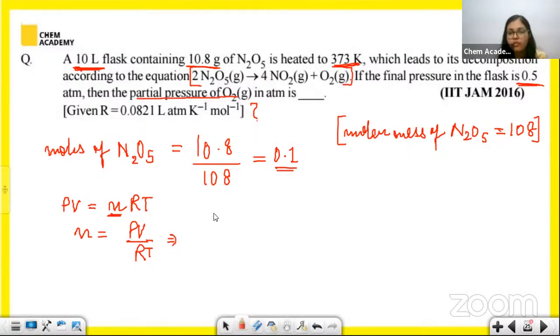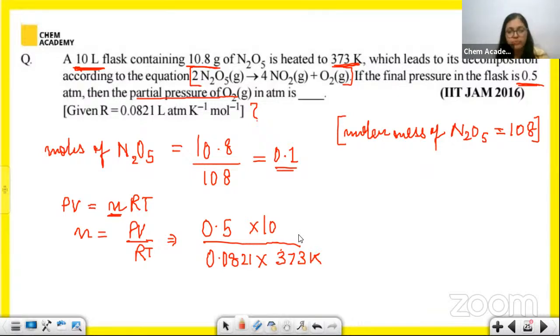We know that the value of pressure here is 0.5. The volume has been given as 10 liter. The value of gas constant has already been given in the question. We will just substitute the value: 0.0821 into the temperature, which has been given as 373 Kelvin. Now quickly solve the total number of moles and tell me the value in the comments.